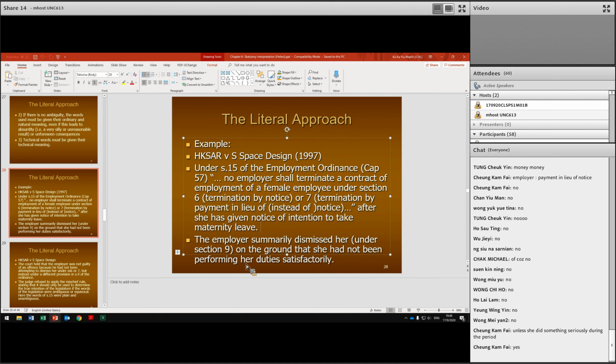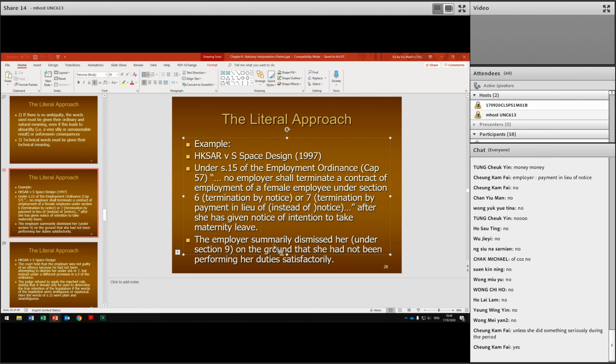Section 9 is not mentioned in Section 15. So the employer will argue, I'm not allowed to terminate the contract under Section 6 or 7, but now I terminate the employment under Section 9. It's not something prohibited by Section 15. So it's some kind of ambiguity.